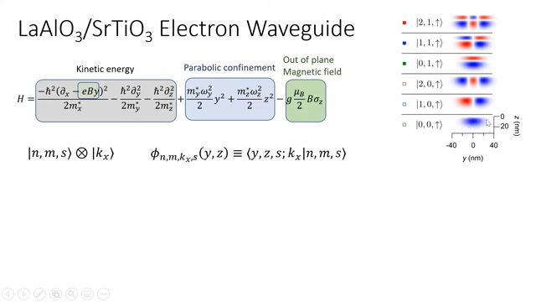So this is the extent of the wave function, and then this is the first lateral excited state, the second lateral excited state, the first vertical excited state. These numbers here represent the number of nodes or zero crossings of the electron wave function, and there are as many for the spin up state as the spin down state.